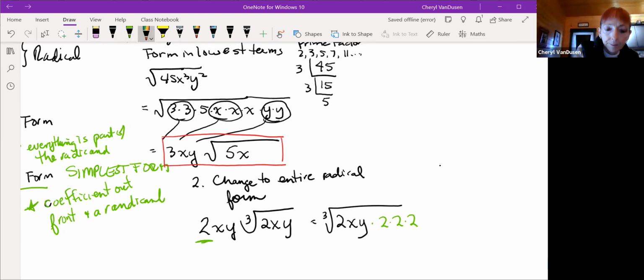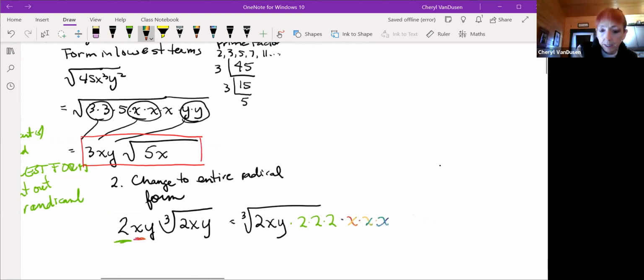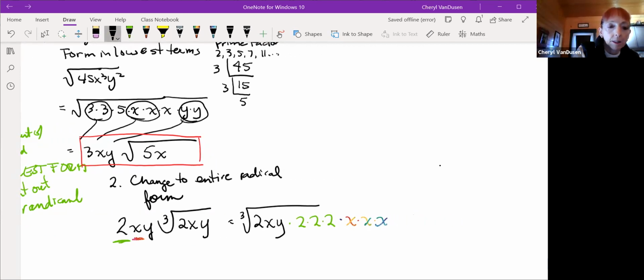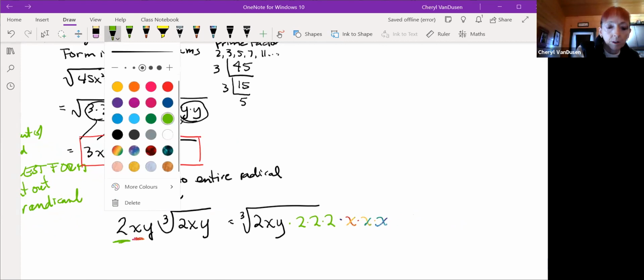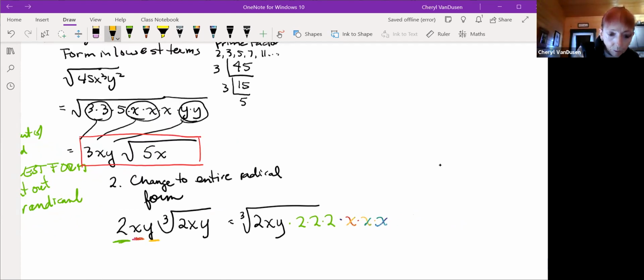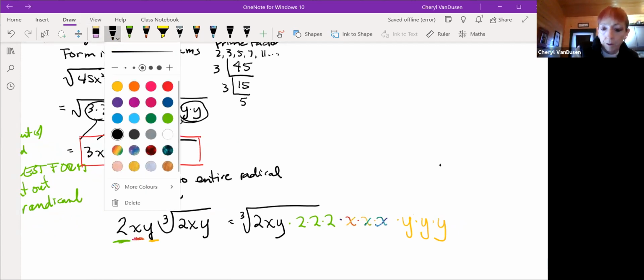And then here, this x goes back in as x times x times x. And then again, I can just pick one more color. Let's see, yellow maybe. And so the y goes in as y times y times y. So whatever is out front, the only way it got out front was having 3 of them inside.